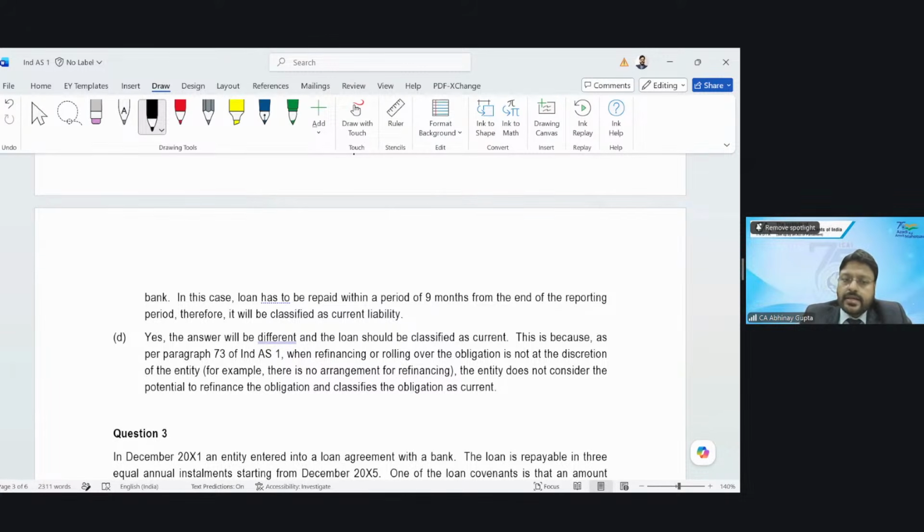So in that case, as per paragraph 73 of Ind AS 1, when the refinancing or rolling over obligation is not at the discretion of the entity, for example, there is no arrangement of refinancing, the entity does not consider the potential to refinance, and classifies the liability as current only, right? So the thumb rule, or in a nutshell, the conclusion is, unless and until we have the refinancing arrangement in hand on or before the reporting date, all the rest is immaterial, right?